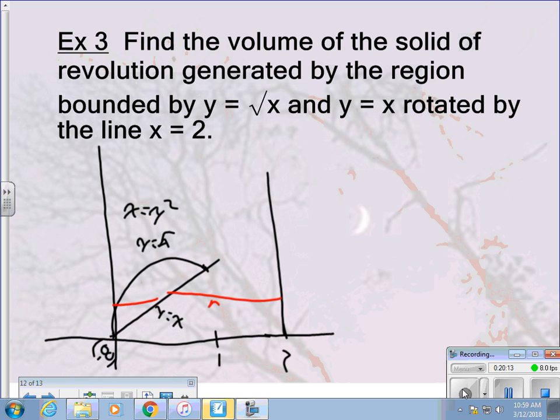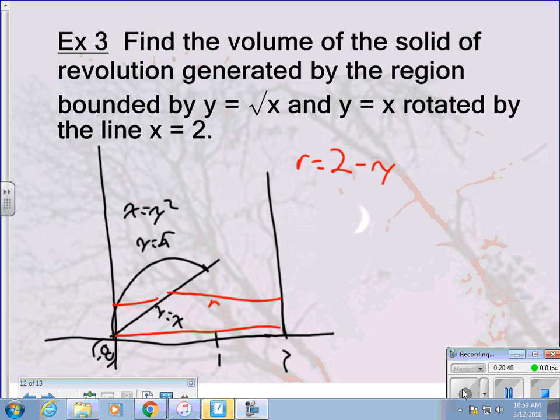This is 2 minus y. Because what's this distance here? That distance there is what? It's 2 units. So I go 2 units, and I take off y units. So it's 2 minus y.